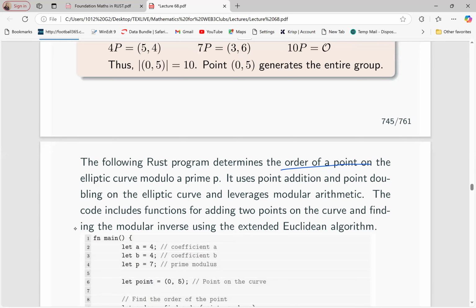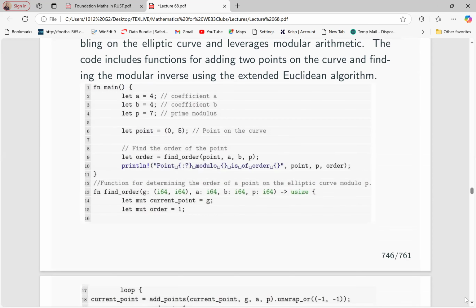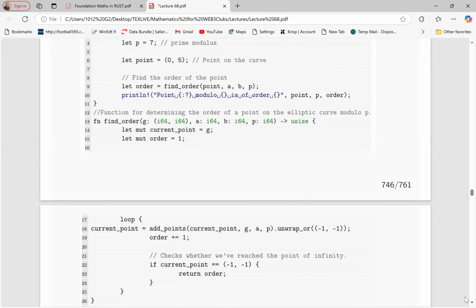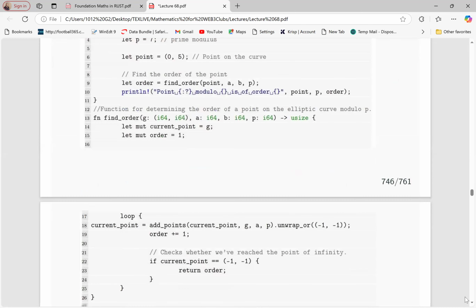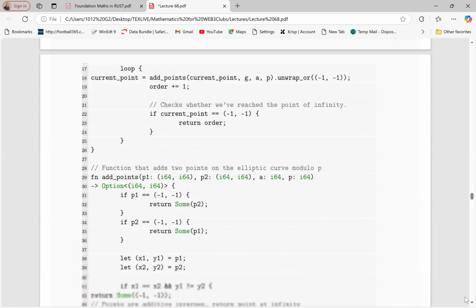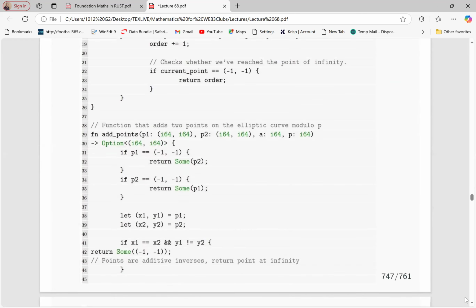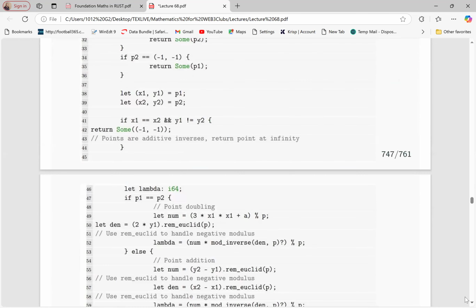The one for generators is not here; I made them different. So this one is to do the order. It will be adding a point to itself until it gets the point at infinity. So when it gets the point at infinity, it reads the order.